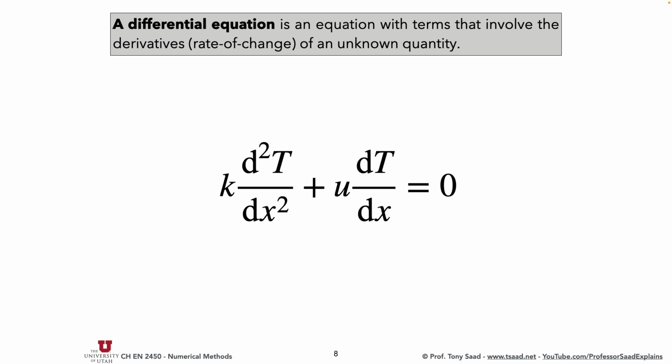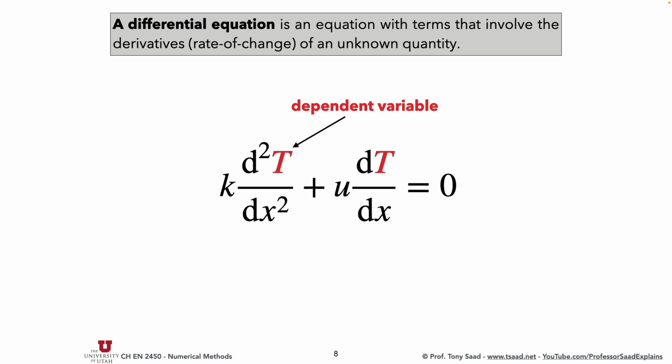This is an example of a differential equation. This one has two derivatives in it, a second derivative and a first derivative. They're both with respect to x. They have a bunch of coefficients on them, so let's define those. The thing that's being differentiated, we call our dependent variable.